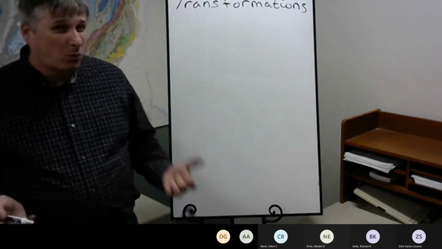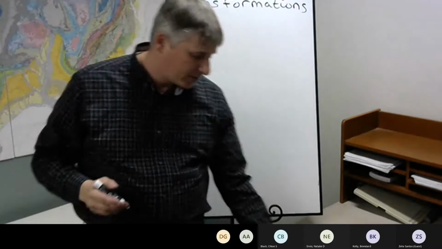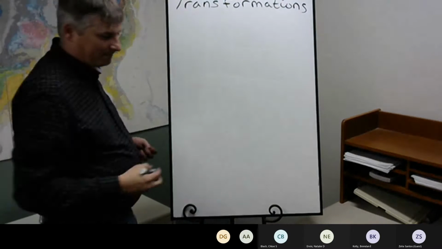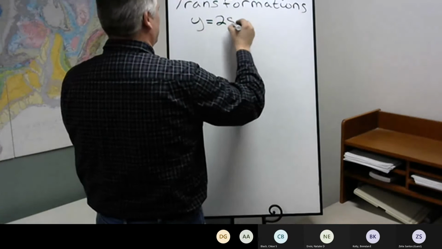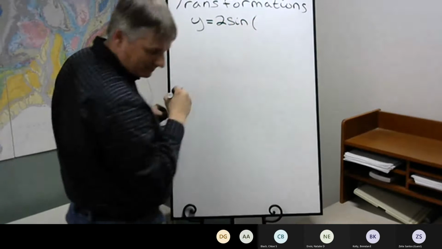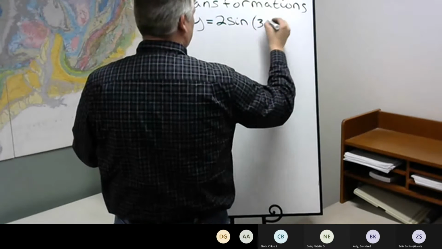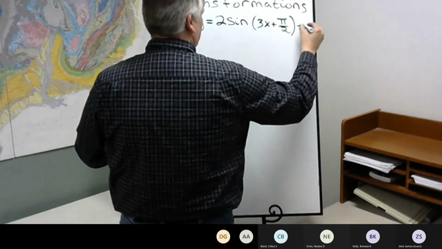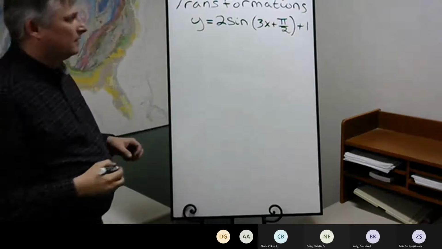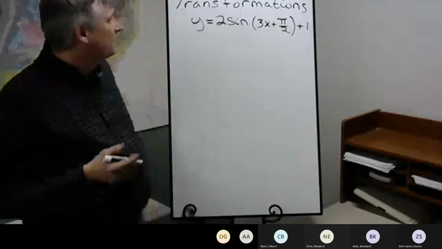And so what I'm going to do, I'm just going to work through an example with transformations. I'm going to show you some tricks. So let's say we have this. So we got to graph something like this.